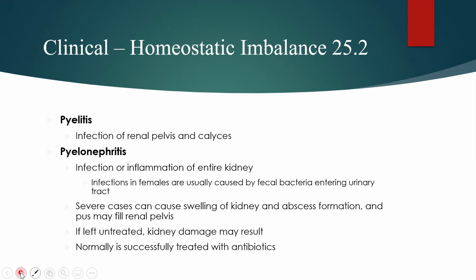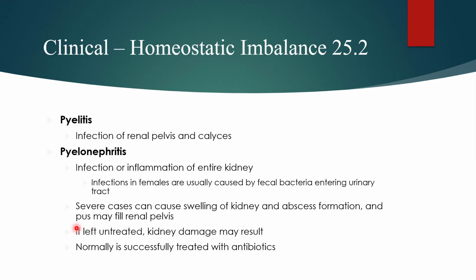So, some homeostatic imbalances. Pyelitis is the infection of the renal pelvis and calyces. And pyelonephritis is infection or inflammation of the entire kidney. The infections in females are usually caused by fecal bacteria entering the urinary tract because we have a very short urethra, and bacteria could enter due to poor hygiene.